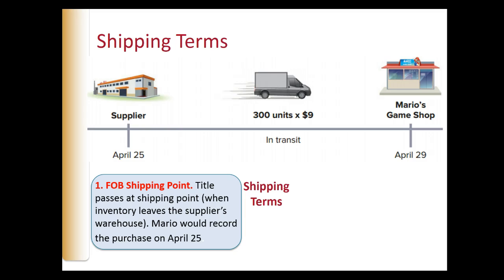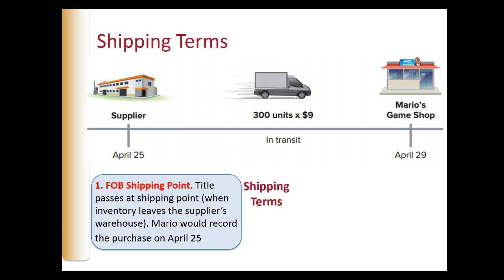When goods are shipped, they're shipped with terms FOB shipping point or FOB destination. FOB stands for free on board and indicates when title, or ownership, passes from the seller to the buyer. FOB shipping point means the title passes when the seller ships the inventory, not when the buyer receives it.